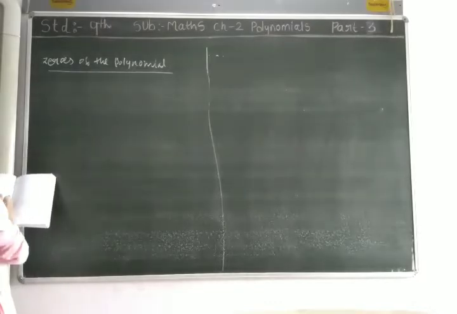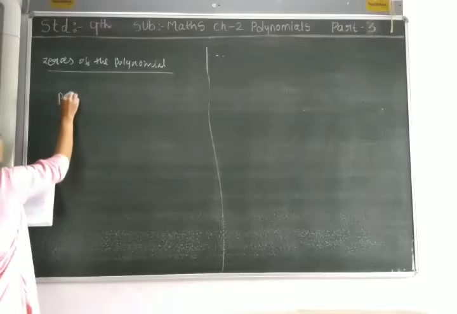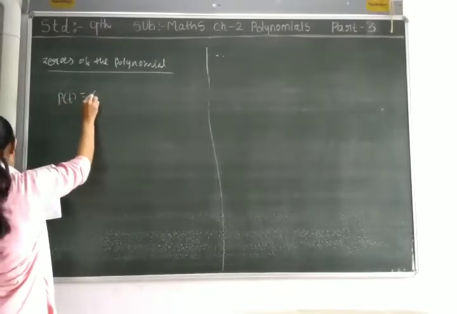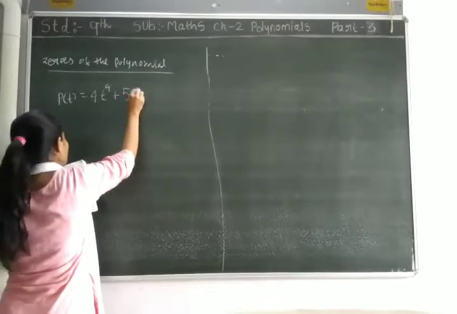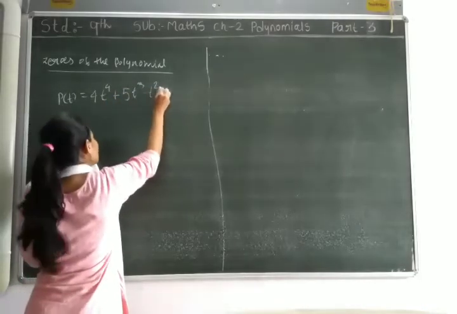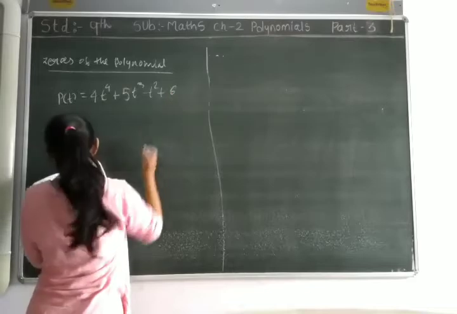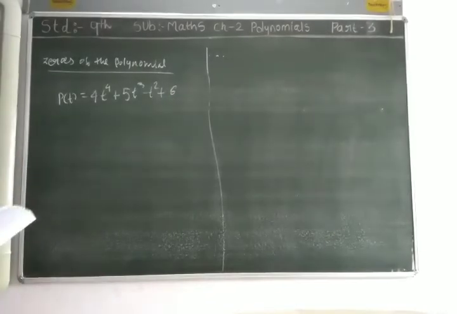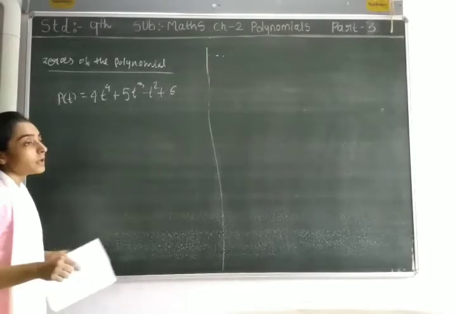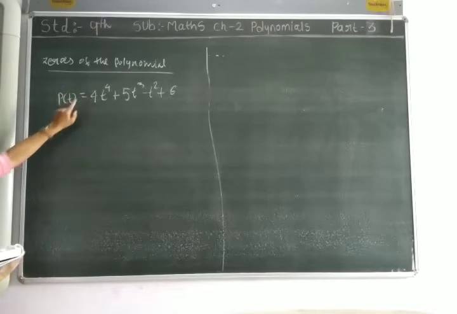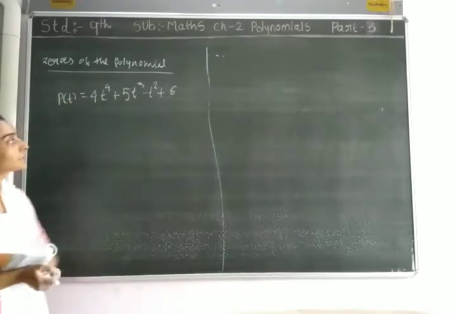Take one example. Say p of t equals to 4t plus 5t cubed minus t squared plus 6. Okay. So here the variable of the polynomial is t.